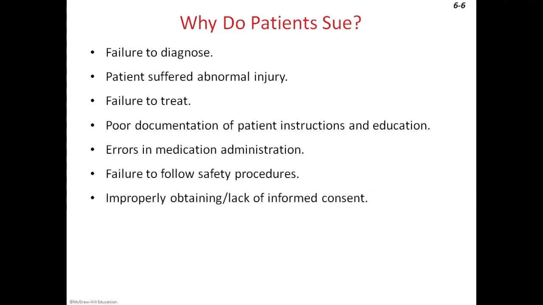Some additional reasons patients sue involve patients wanting answers that physicians won't give, patients having billing questions, patients believing that details are missing from the records from their communications with the physician.